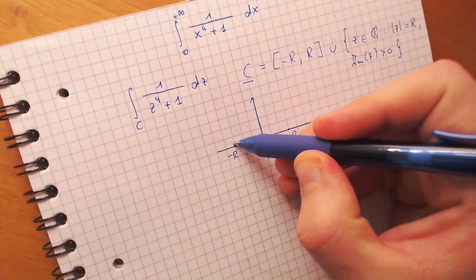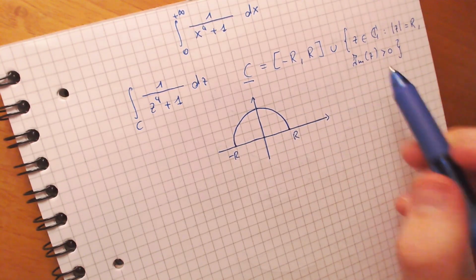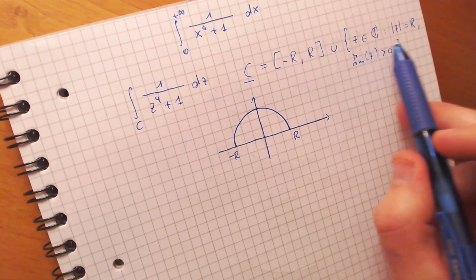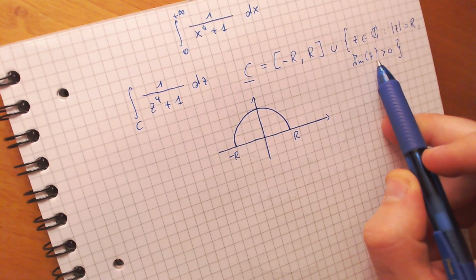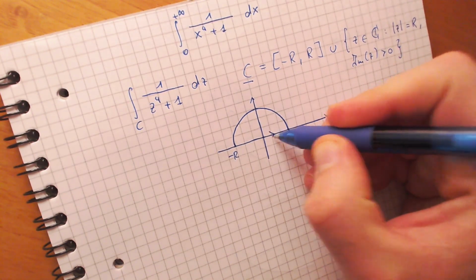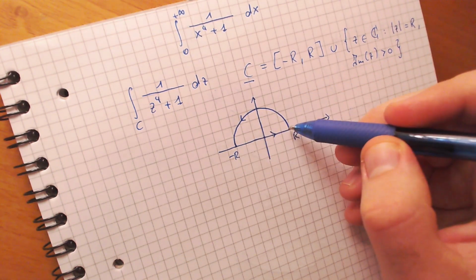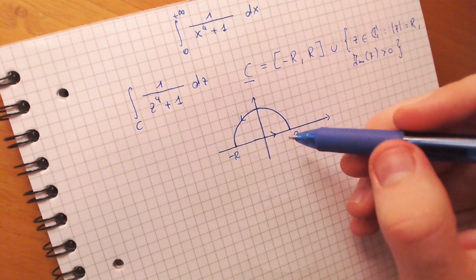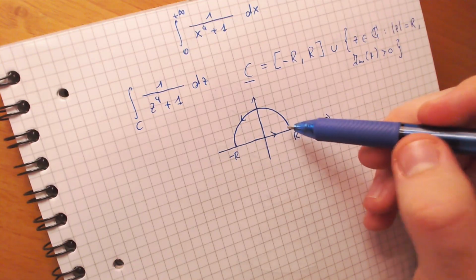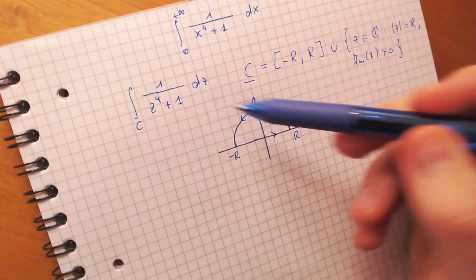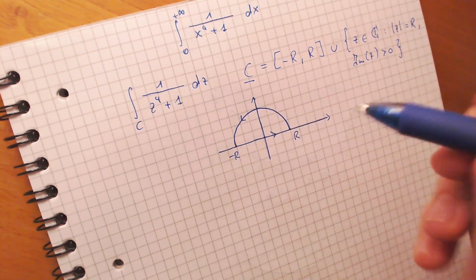The circumference is this one, where we have the set of numbers z such that the modulus is R and the imaginary part is positive. We consider a positive orientation, which is a counterclockwise orientation of this kind. So we are saying that we have to consider the integral along this path of this analytic function.